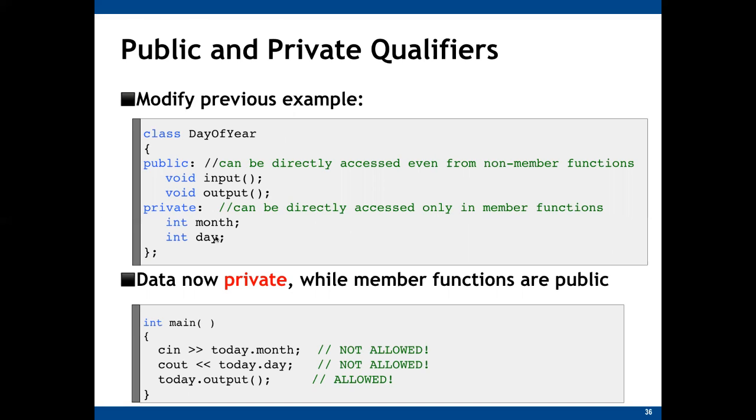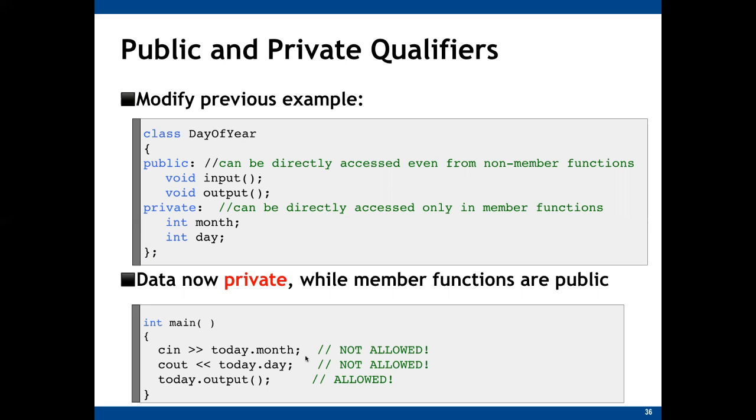So previously, directly accessing them from outside of the class was possible using dot operators. Previously this was possible because month and day were public, but now it is impossible because month and day are private. They cannot be directly accessed by the programmers or from outside the class. So now these two are not allowed syntactically.